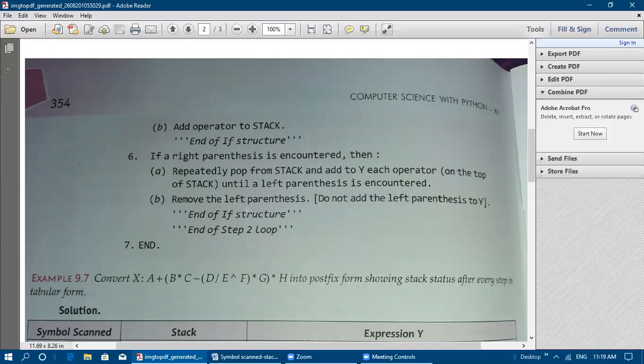Okay, if a right parenthesis is encountered, what is the remaining symbol available? Right parenthesis only. Till now we didn't see the procedure for that.